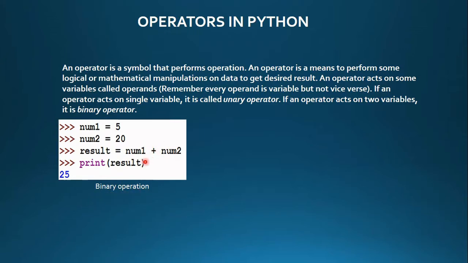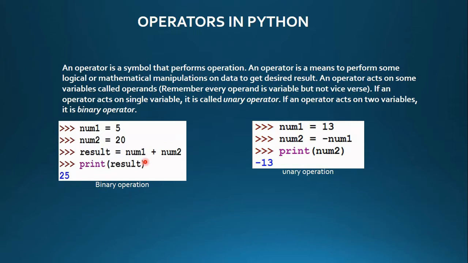Now let's see an example of a unary operator. In this statement, you can see I have created num1 and assigned 13 to it. In the very next statement, I have created another variable num2 and assigned minus of num1 to it. You can see this minus is a symbol and num1 is a variable.